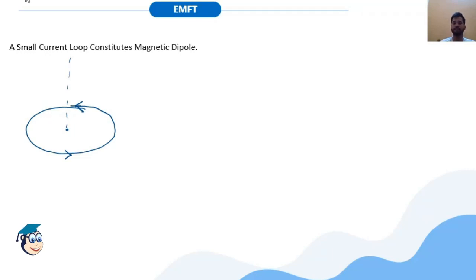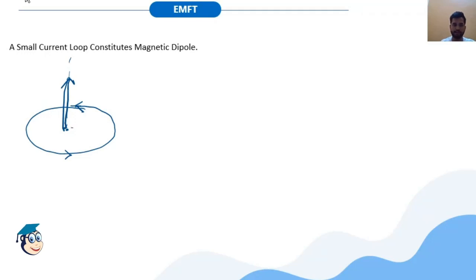If you place your fingers in the direction of the curl of the current, your thumb will show the direction of the magnetic moment. So in this case, this arrow will show the direction of the magnetic moment.